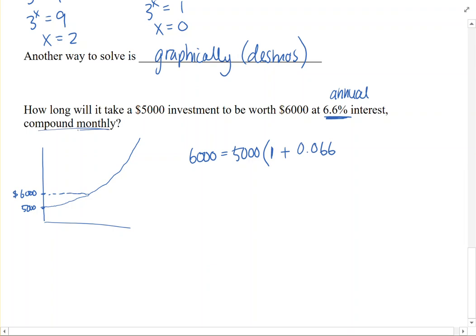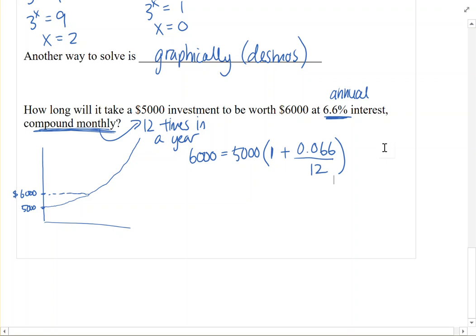But this is compounded monthly, okay? Monthly basically means 12 times in a year. So this number is going to be divided and added on 12 times. How frequently does that happen? That's going to be our exponent here, and it's going to happen some t times.